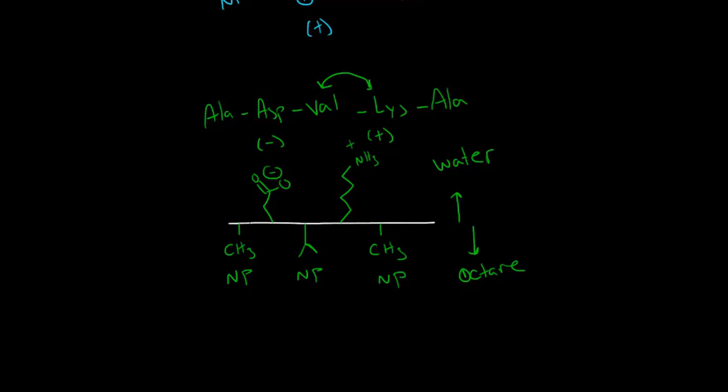So for this peptide, we can actually imagine it interacting quite nicely with the surface of a phospholipid or lipid bilayer, because we have this polar region that can interact well with our polar head groups, right? So here are our polar head groups, and we have water out on this side, and then we have our hydrophobic tails that would interact well with the nonpolar hydrophobic regions of our peptide.